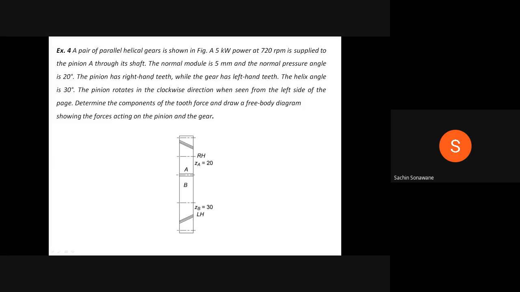The pinion has right hand teeth while the gear has left hand teeth. The helix angle is 30 degree. The pinion rotates in clockwise direction when seen from the left side of the page. Determine the components of the tooth force and draw a free body diagram showing the forces acting on the pinion and the gear. Therefore, please write down the problem and draw this diagram. We will solve this problem.